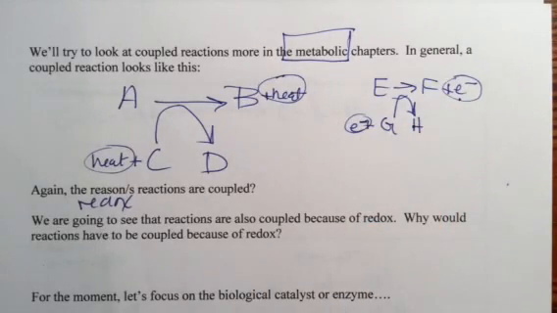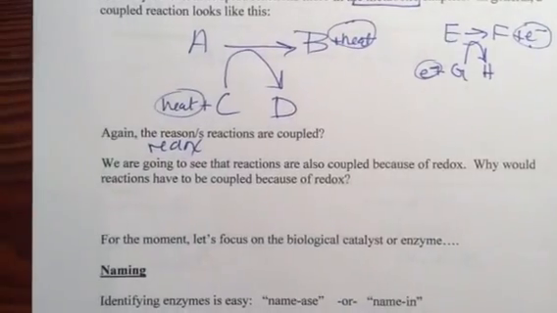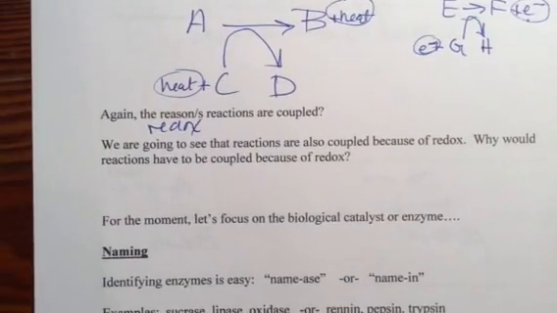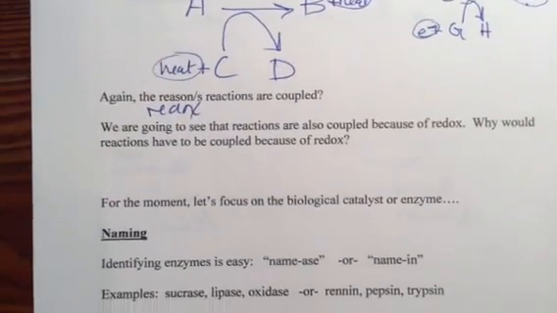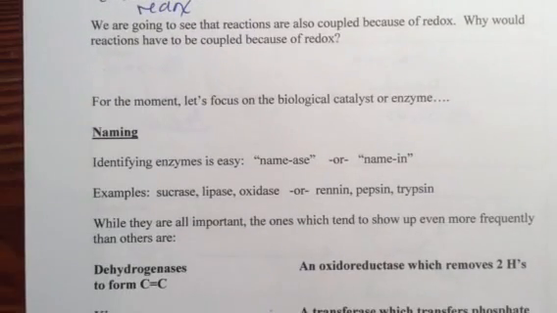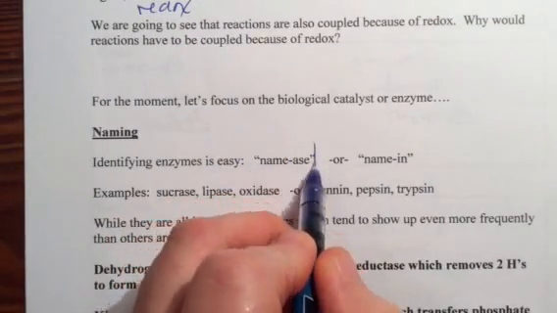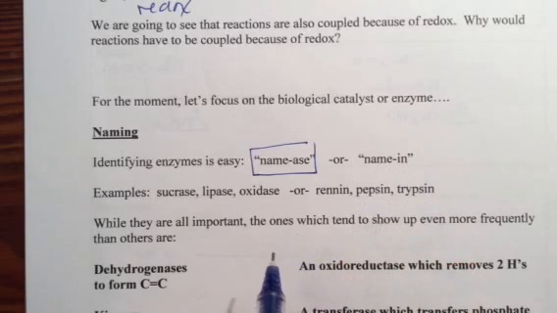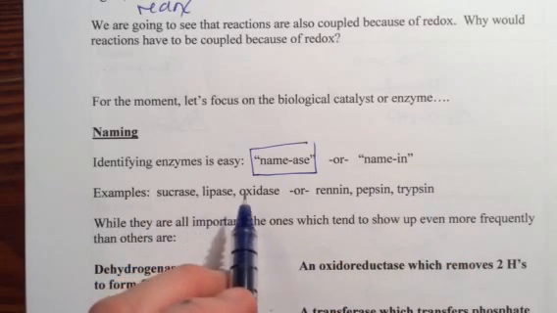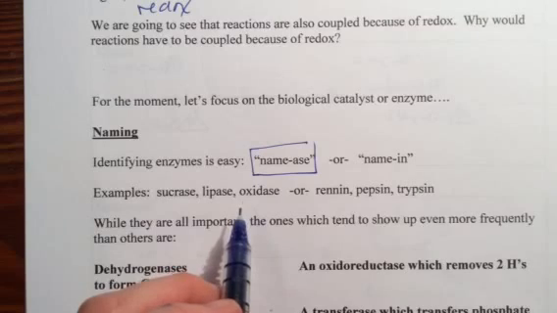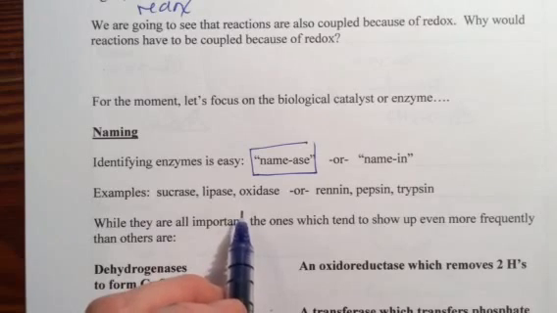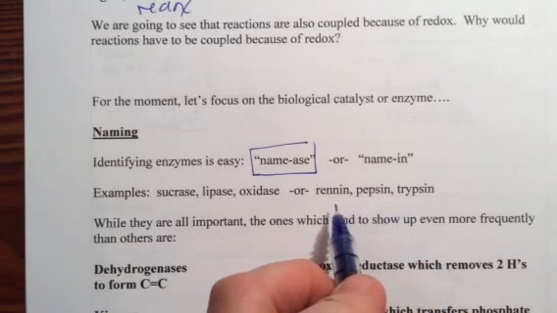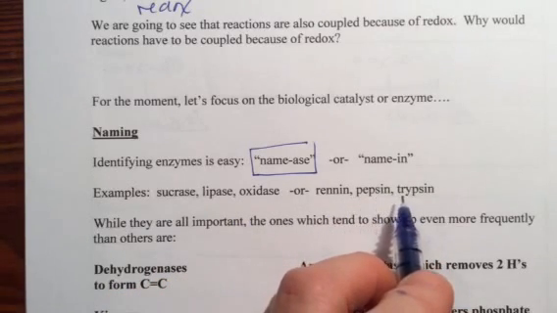All right. So the next thing we're going to do is focus on these enzymes, and we're going to have to name them. The naming is reasonably easy because almost all of them end in ASE. A few of them end in IN. Okay, so sucrase, lipase, oxidase, carboxypeptidase, acetylcholinesterase, adenylate cyclase. There are tons of them. And there are a few that end in N: renin, pepsin, trypsin.